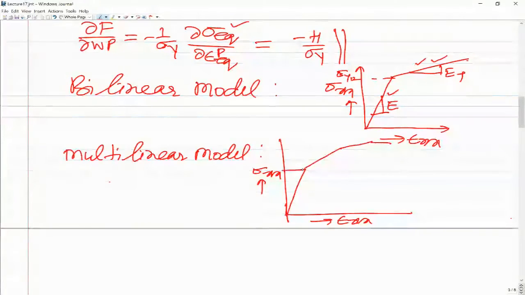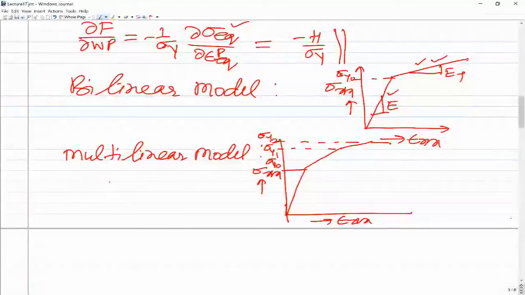So this is here sigma y naught, and then corresponding to this, let us say this is sigma y1, and corresponding to this point this is sigma y2, and the slope of this is Young's modulus E, this is ET1, this slope is ET2, and the slope of this is ET3, and so on.